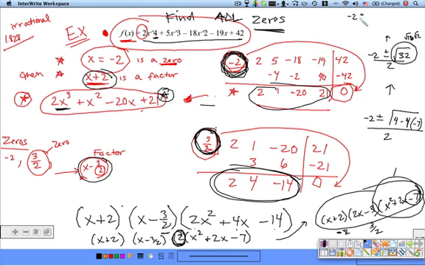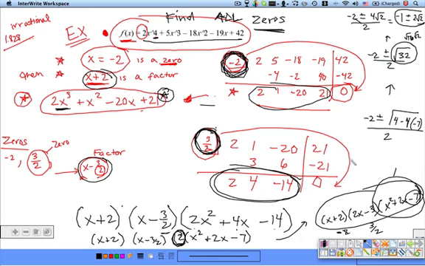Negative 2 plus or minus 4 root 2 all over 2, but you better know that simplifies, right? 2 and 2, 4 and 2, so this becomes negative 1 plus or minus, 4 divided by 2 is 2, root 2. That is your final 2 answers.